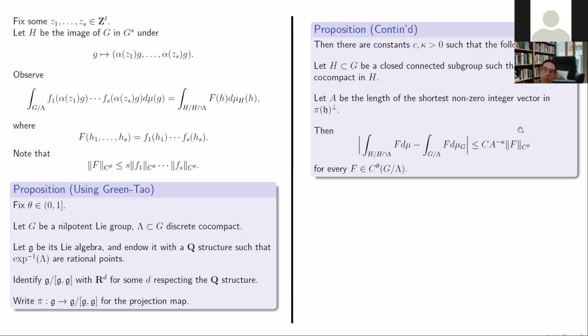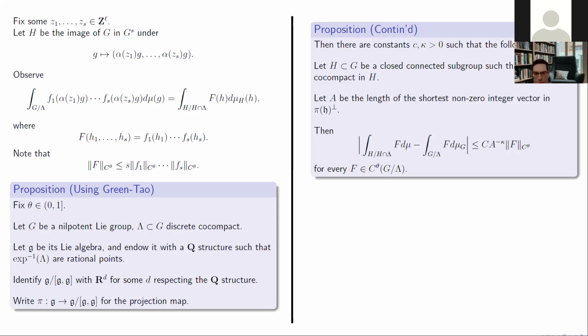So basically what this says is that if you don't have a short integer vector in the orthogonal complement of pi of H, then your subnilmanifold given by H will be very uniformly distributed in the nilmanifold G mod lambda.